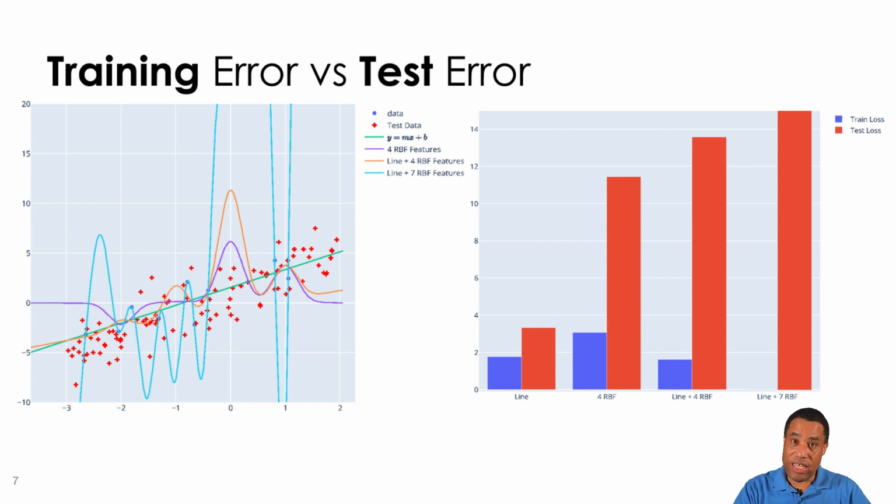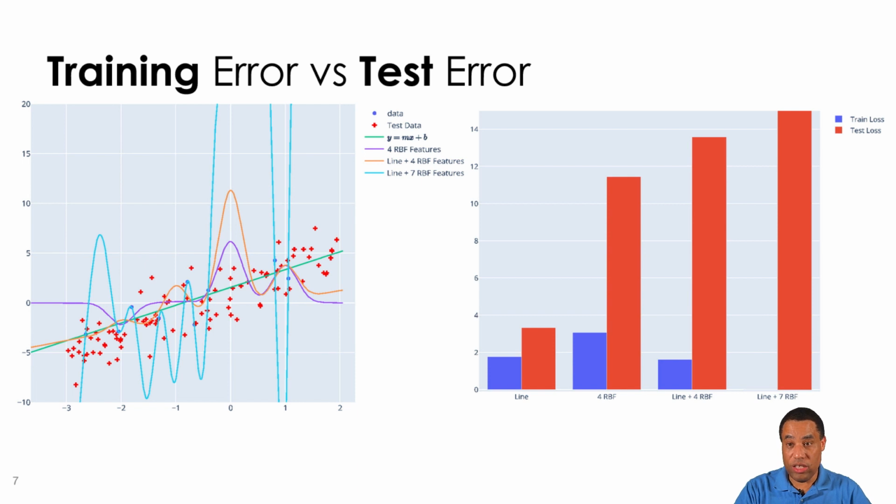And what we're going to see is that while we're able to get our training error down to 0, our test error is going to be fairly high because we end up overfitting on the data. The cyan line is a perfect example of that.